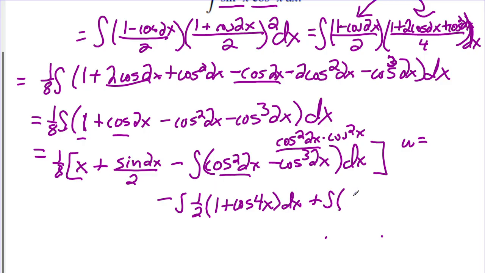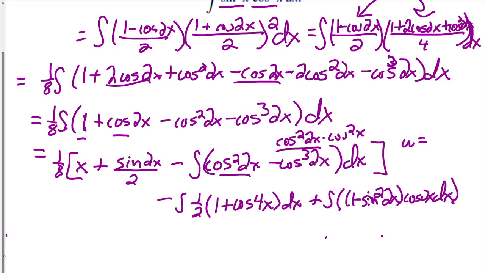We're going to get then 1 minus sine squared of 2x, still times our cosine of 2x dx. I think I missed a parenthesis in there.